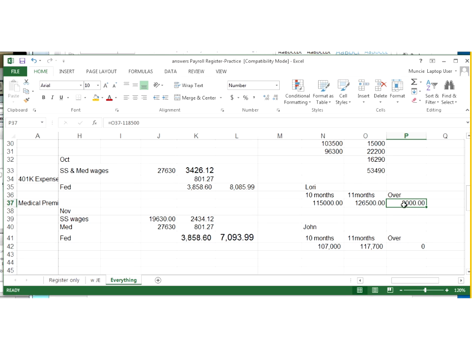So at the 11th month, that's what I put this over category here for, she has gone over by $8,000. If you take what she had made, 126.5 minus the cap of 118.5, she's gone over by 8,000. So I need to subtract 8,000 from this beginning Medicare number, and that's what I've done.